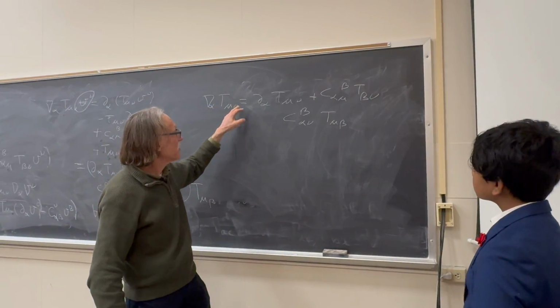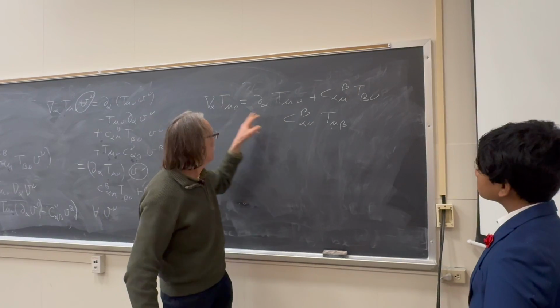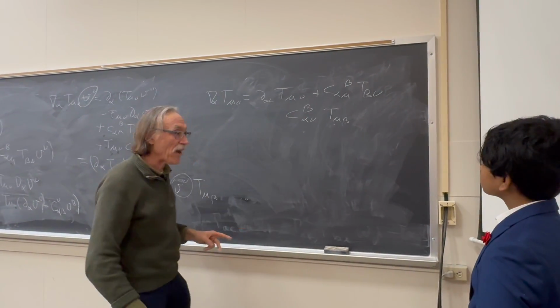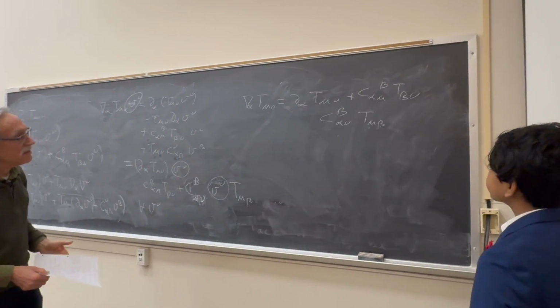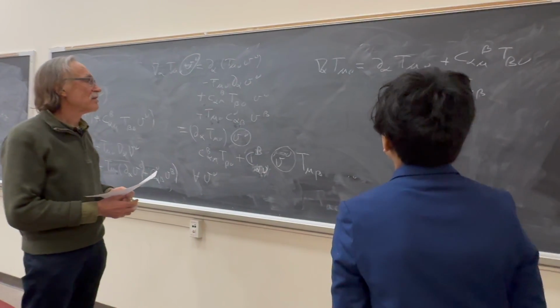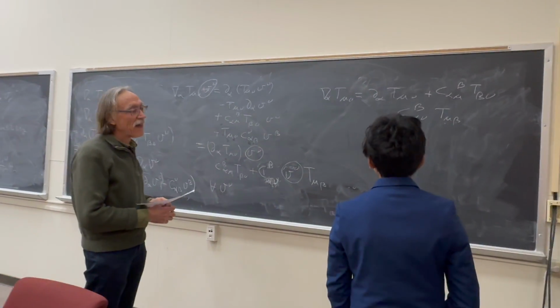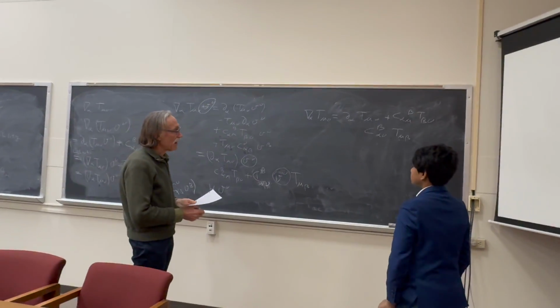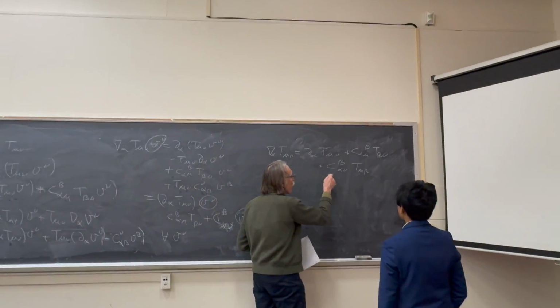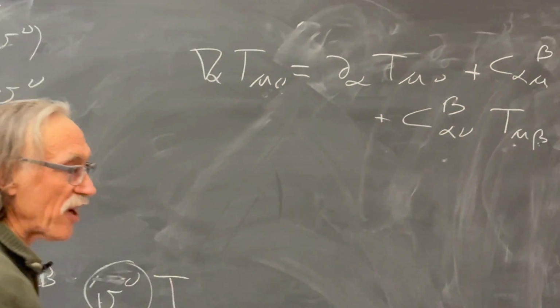And in this case, the nu remains a mu, and now this is treated the same way as a vector. And this is how a covariant derivative acts on a tensor. And if there are more indices, there are more of these same type of factors.